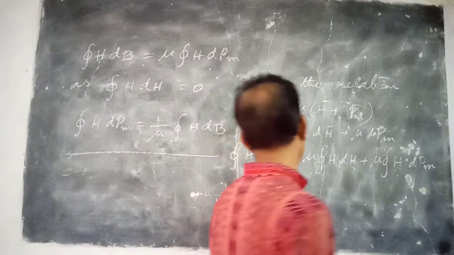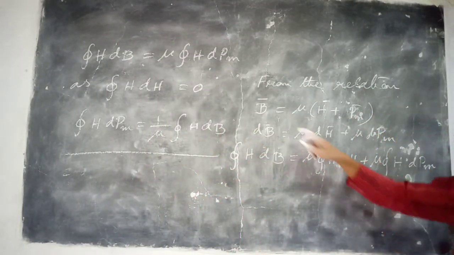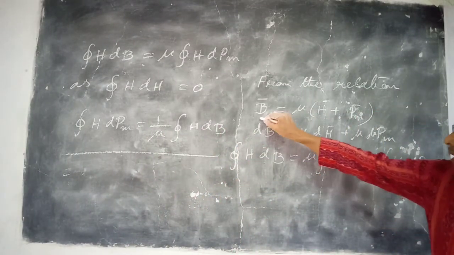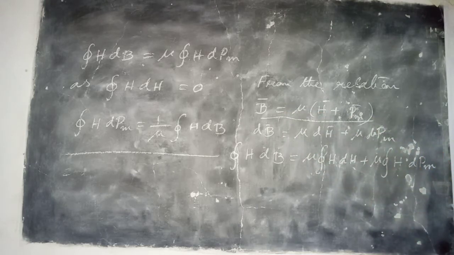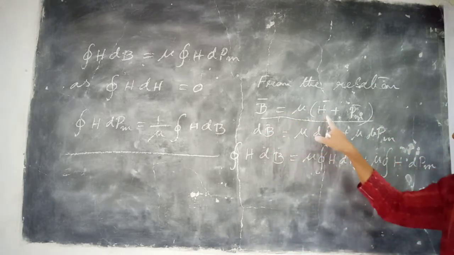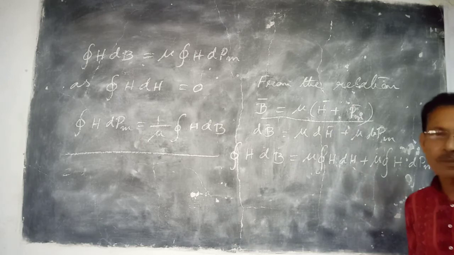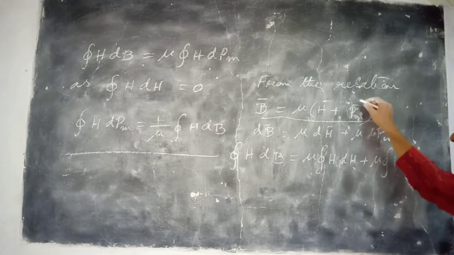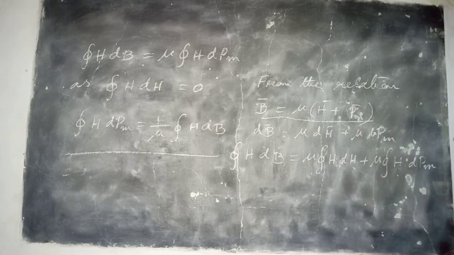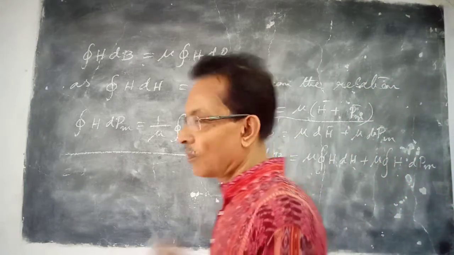Now, here we have used this relation, which is called the relation between the three magnetic vectors B, H and PM. If intensity of magnetization is not there, then B is equal to mu H.